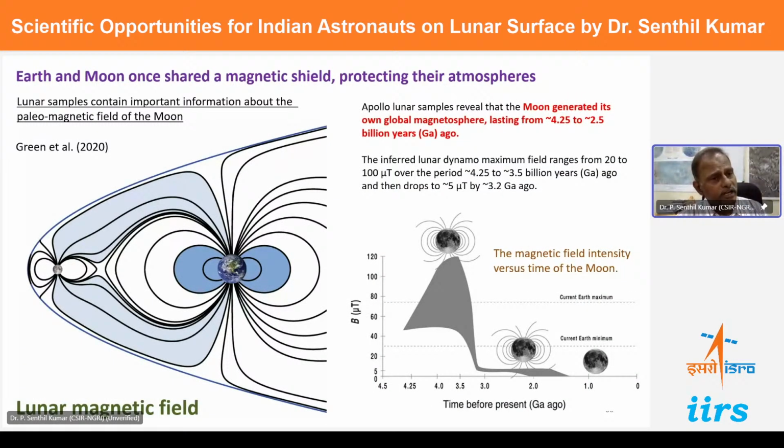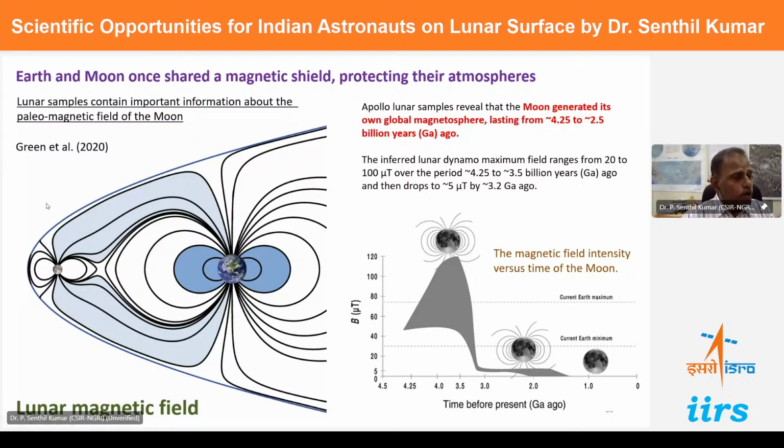Magnetic field. Once upon a time, the moon also had a magnetic field very similar to that of Earth. The samples brought back to Earth by Apollo astronauts showed the moon had a magnetic field at different times: 4.25 billion years ago, 2.5 billion years ago, even 1 billion years ago. The moon had some transient magnetosphere.